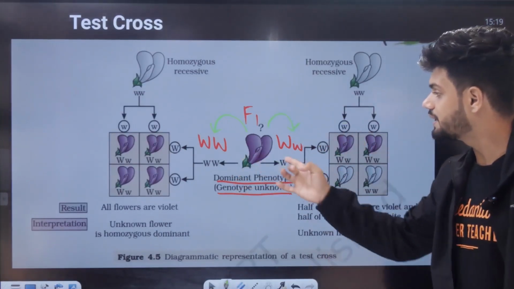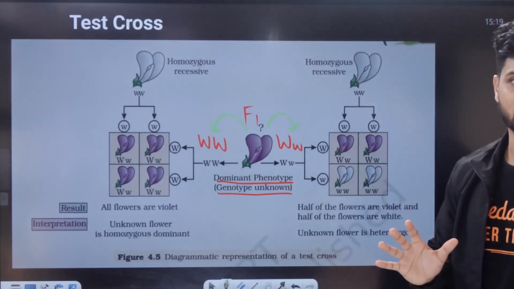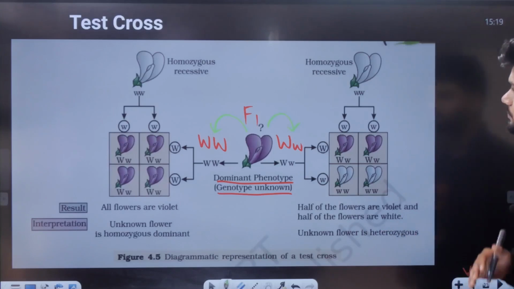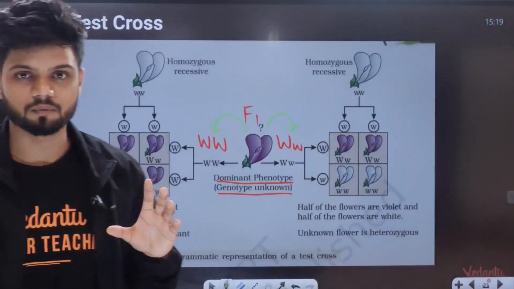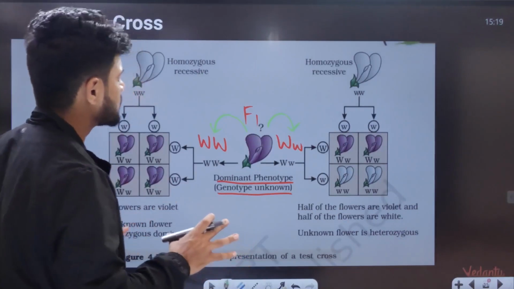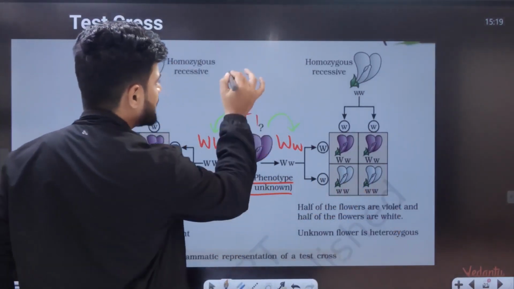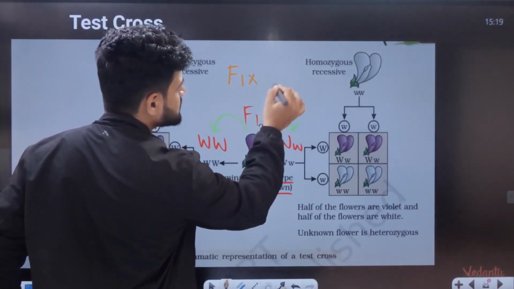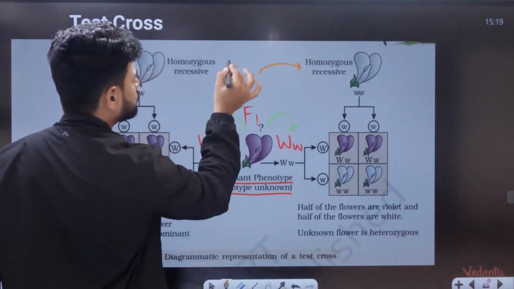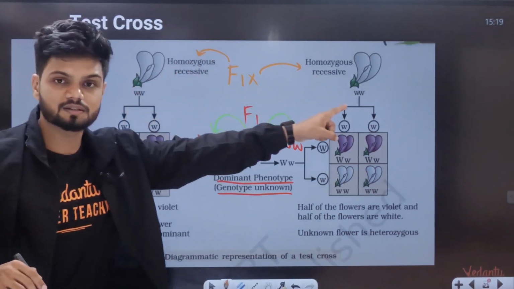There are two possibilities for the color of the violet flower here. Now students, how do we do it? We do something called a test cross. In the test cross, we take the F1 and cross it with the recessive parent. F1 with the recessive parent, so homozygous recessive.